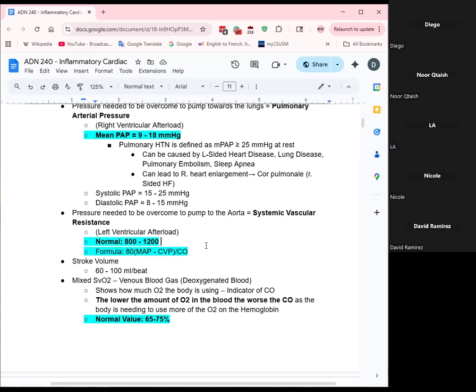Kind of like how when you take a regular blood pressure, that diastolic value is essentially your resting pressure. So you can use that to tell how clamped down someone is.